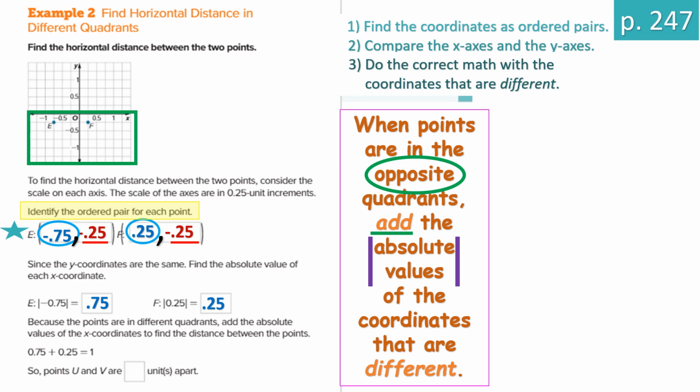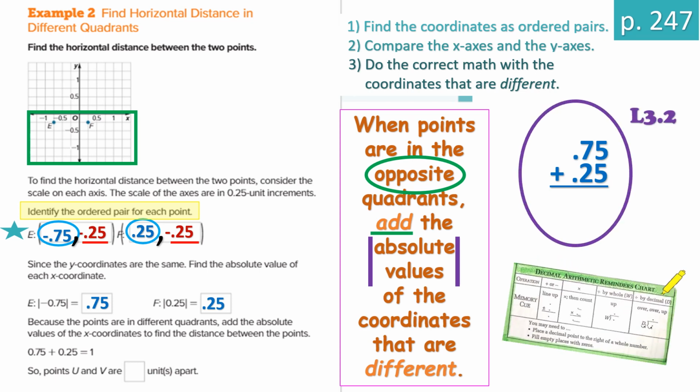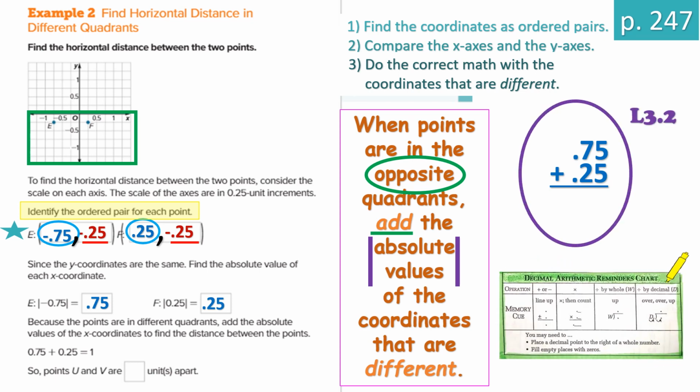And once again, when I'm adding decimals, I need to remember how we add decimals, right? So we have this process that we learned way back in lesson 3.2, right, where we had all of the different processes with decimals. I line up my decimals, I bring it down, and then I add starting from the right, going over to the left.